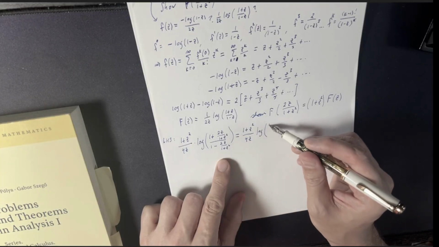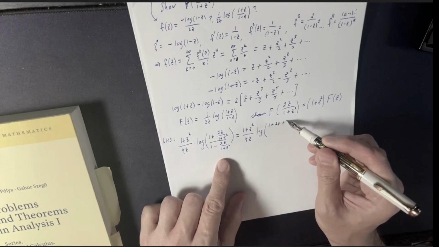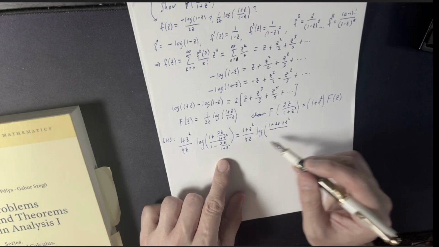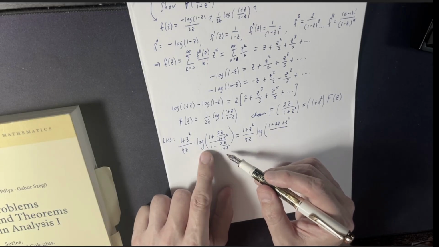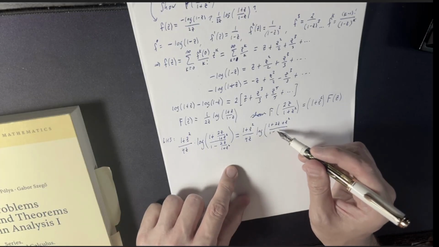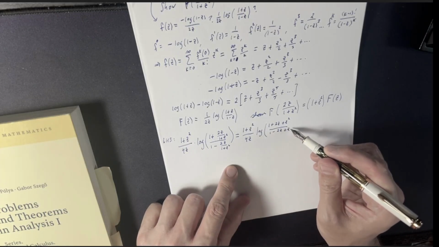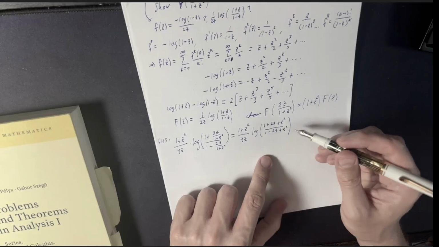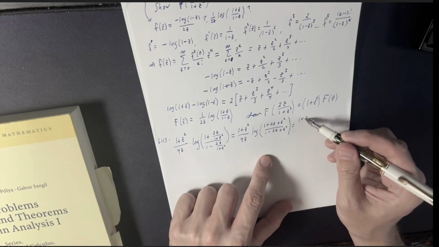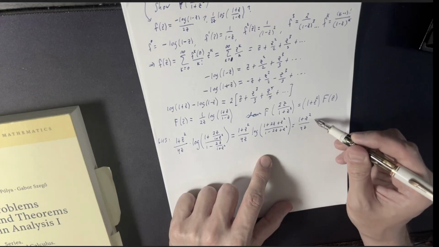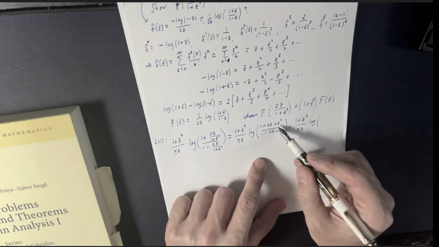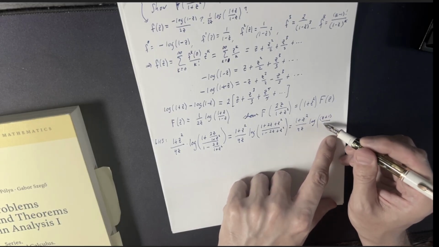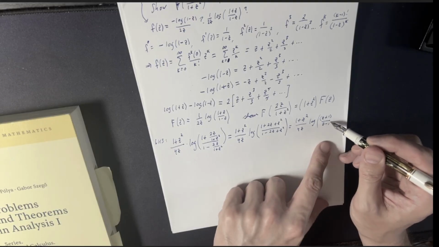So upstairs you're getting 1 plus 2z plus z squared. And then downstairs you're getting, it looks like 1 plus z squared minus 2z. So you're getting 1 minus 2z plus z squared. Okay? That's z plus 1 squared over z minus 1 squared.